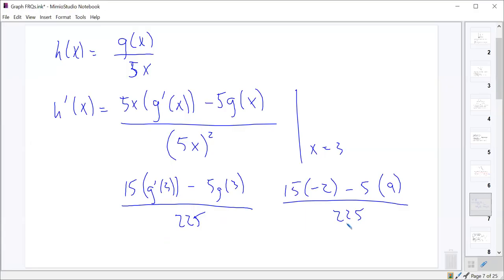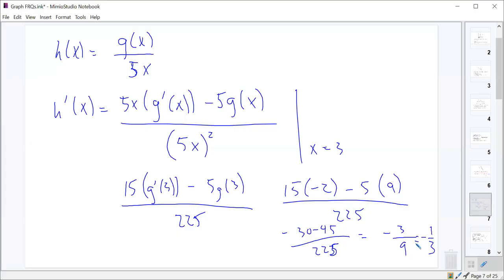If you want to divide everything by a 5 first, you can, and that'd be fine. But you don't have to. -30 minus 45 over 225. So -75 over 225, which comes out to be -3 over 9. Negative 1/3, right?